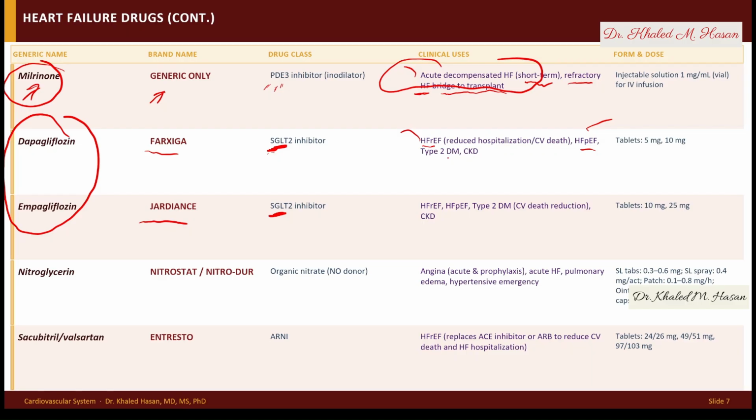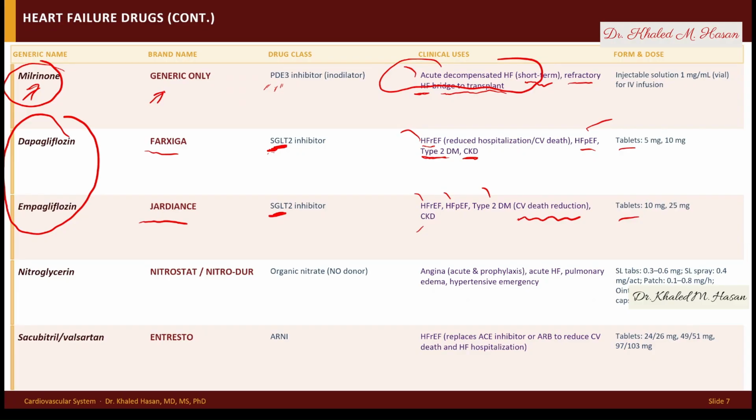Dapagliflozin is also used for patients with type 2 diabetes and for patients with CKD, chronic kidney disease. The same applies to empagliflozin: HFrEF, HFpEF, type 2 diabetes, CKD, and it was found to reduce death from cardiovascular disease. Both are available as tablets, 5, 10, 25 milligram.